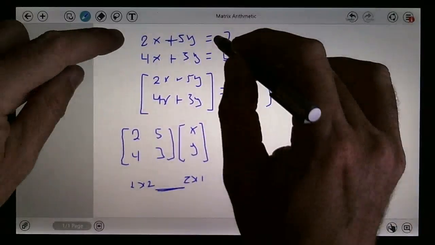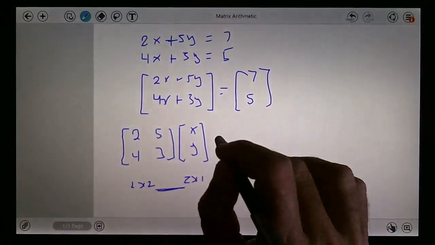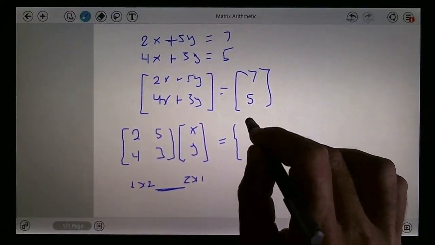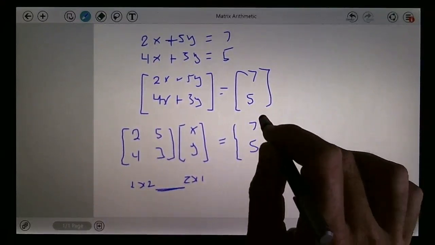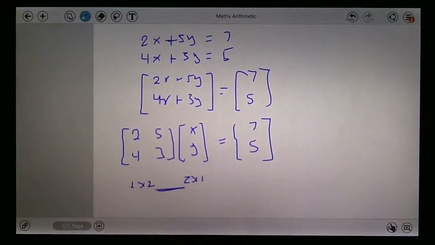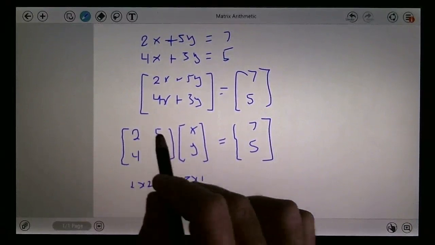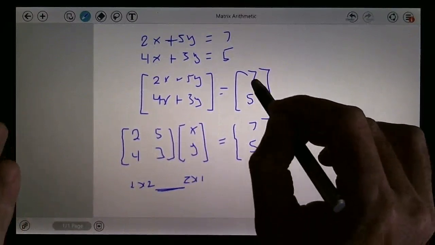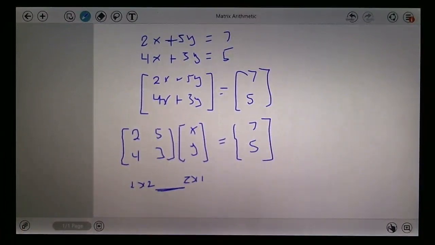So this system of equations up here can be rewritten as a single matrix equation that looks like this, right? This has just all the coefficients in it. This has the variables in it, and this has the constants that are over there on the other side.